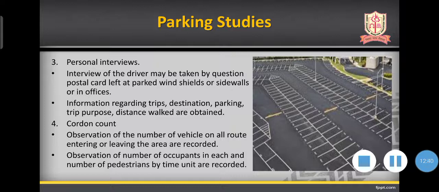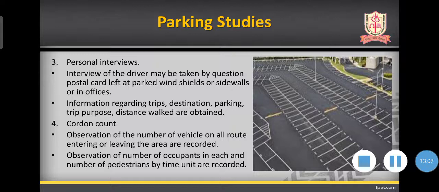We ask how much time you are going to park, or which side you prefer to park at if you are going somewhere, and at what place you are going to go and park. We can take a personal interview for all this.